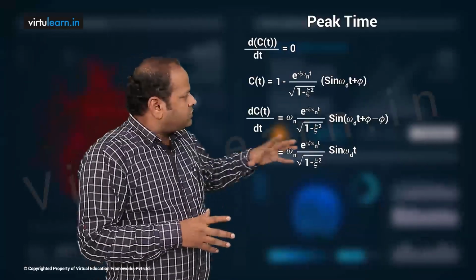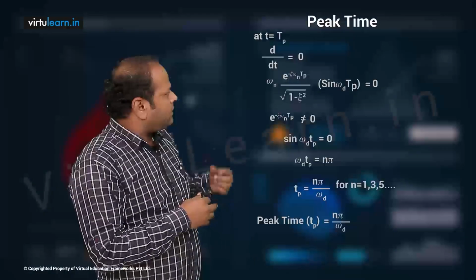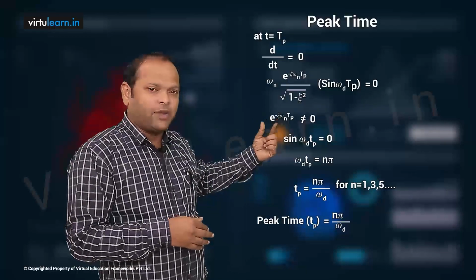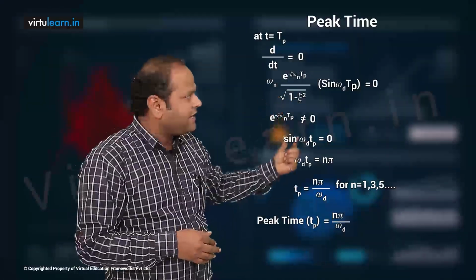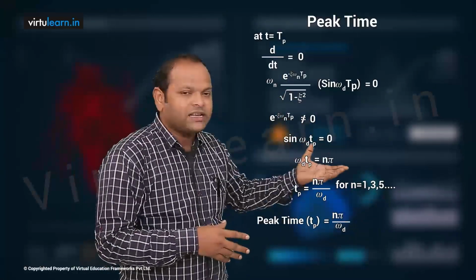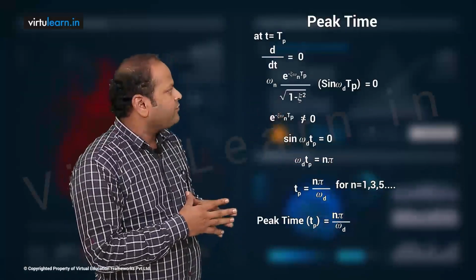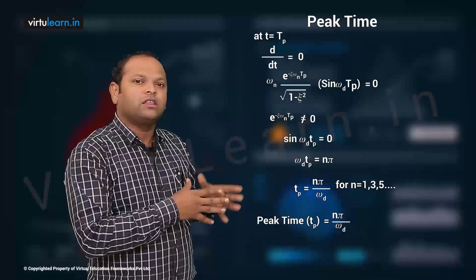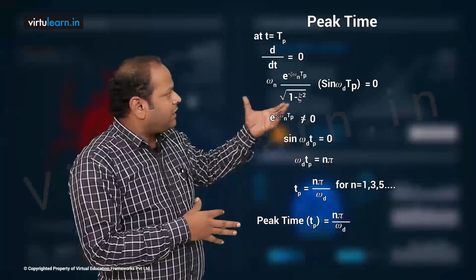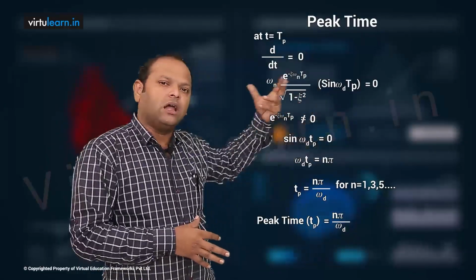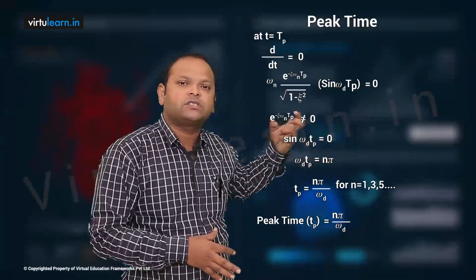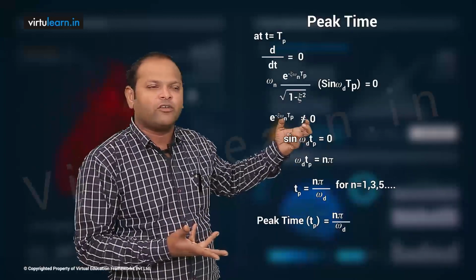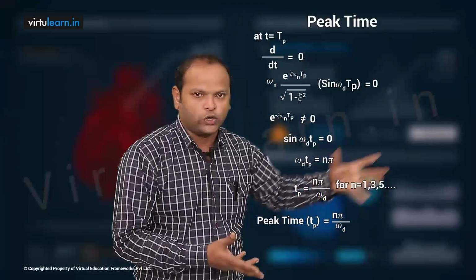Now we say that at time t is equal to Tp, dc of t by dt is equal to 0. Therefore, take this expression and equate it to 0. When equated to 0, the concept is the same as before. We have two terms, and out of the two terms, the first term, the e power term, cannot be 0, so the second term should be 0.